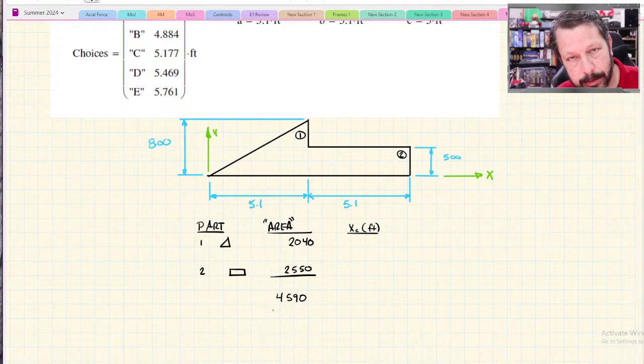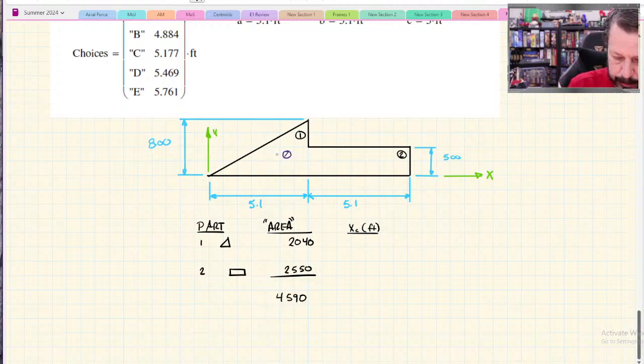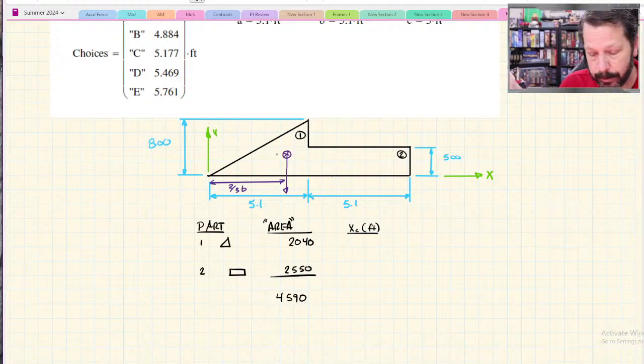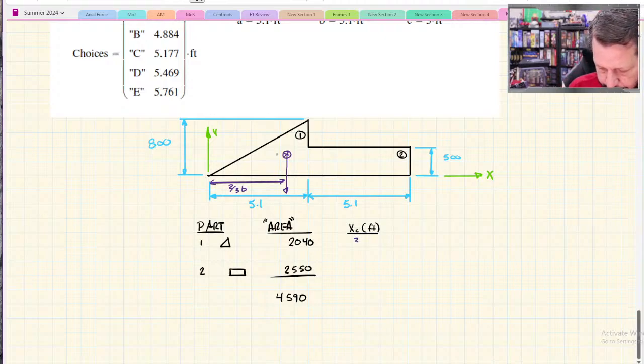So maybe you don't or do remember where the centroid of a triangle is, but you do have that reference sheet that would tell you that this distance is 2/3 of the base. Actually, I think it gives you the other distance. It gives you 1/3 of the base measured from the centroid to the right angle part of the triangle. So this is 2/3. So 5.1 times 2 divided by 3 is 3.4.